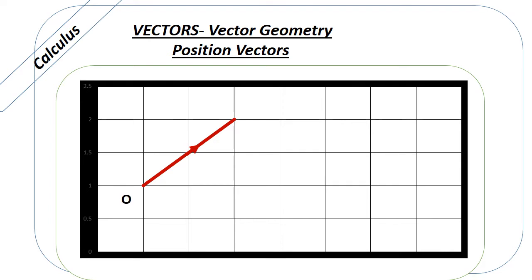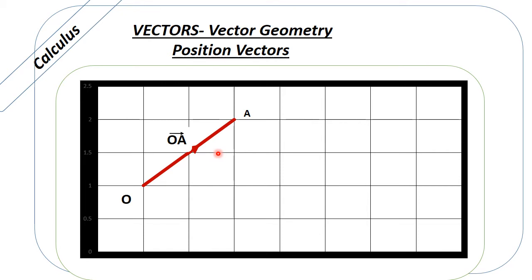For example, it can be called OA, meaning that it starts from O and it ends at A. So column vector shows you where it's starting and where it's ending. This is exactly what position vectors are. A position vector shows you where the vector starts and where the vector ends.